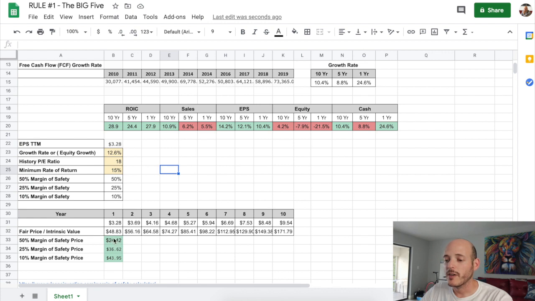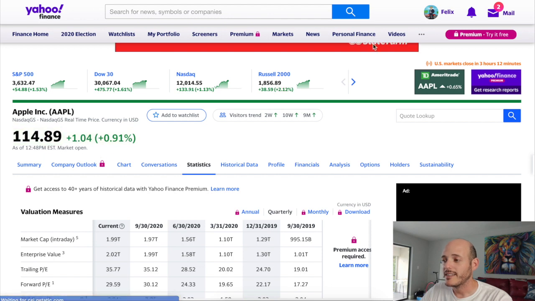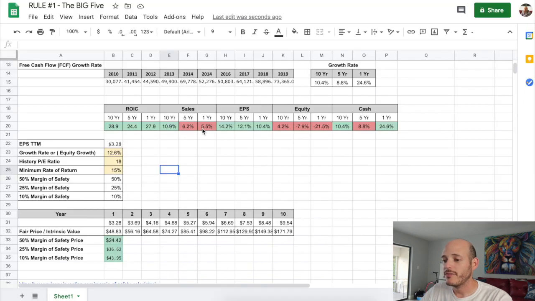And then, of course, the fair price of $48. And right now, Apple is going for $114.89.